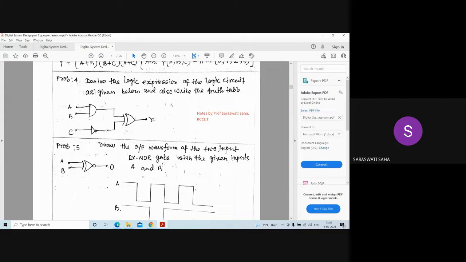So what will be the output expression here? Do it in your copy and just tell me the output expression. Take less than 1 minute.